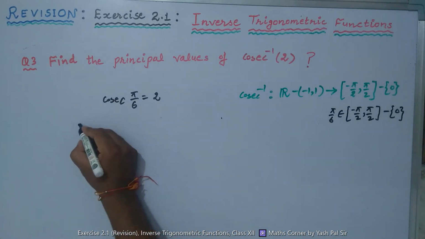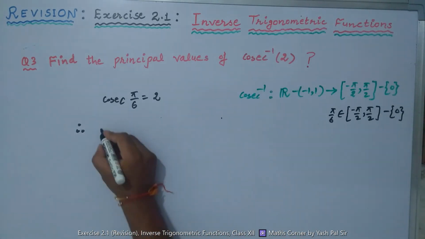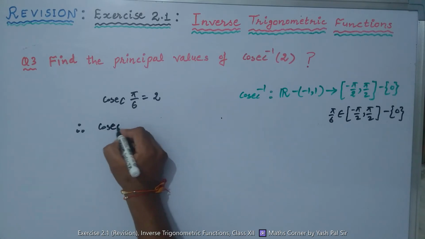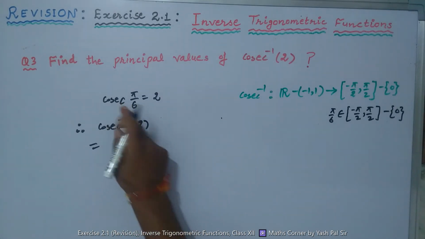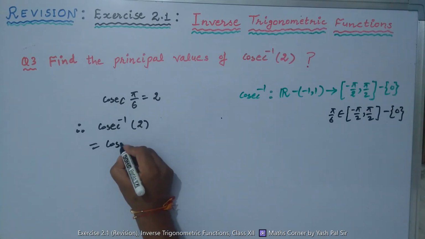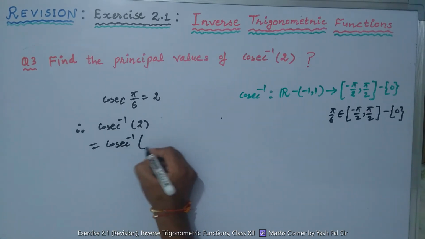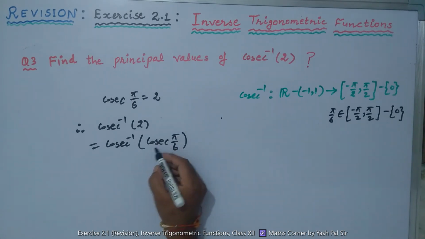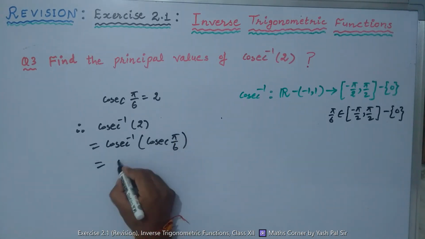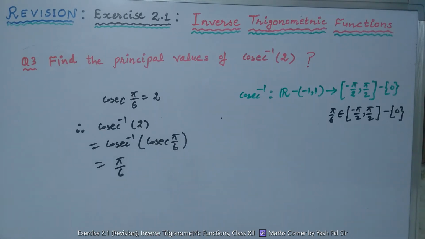The question is cosecant inverse of 2, so replacing 2 by cosecant of pi by 6, the cancellation is possible. So the answer is pi upon 6. Pi by 6 is the principal value for the given function.